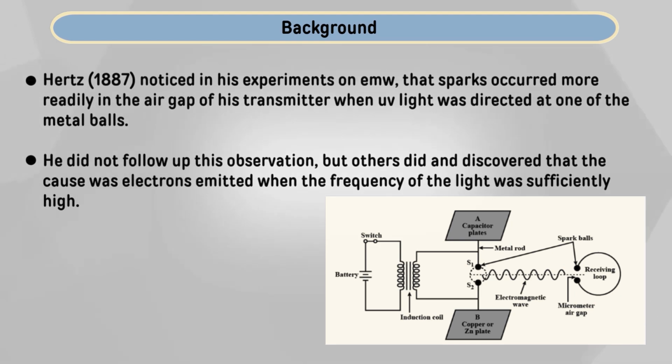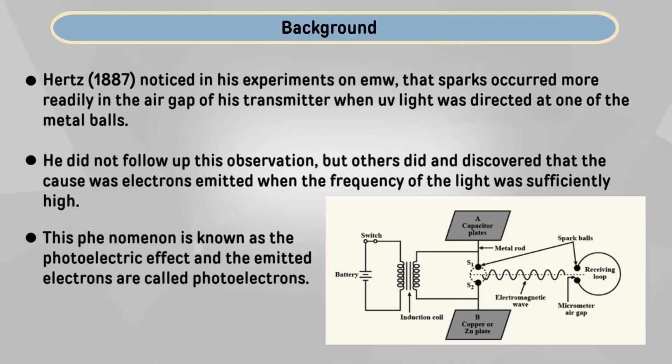He did not follow up the complete observation, but others did, and they discovered that the cause was electrons emitted when the frequency of light was sufficiently high. This phenomenon is known as the photoelectric effect, and the emitted electrons are called photoelectrons.